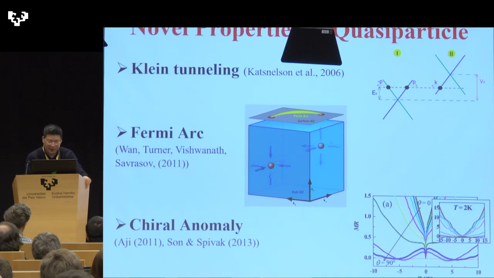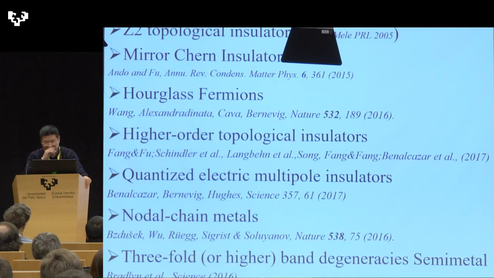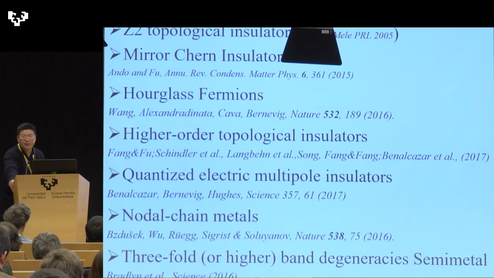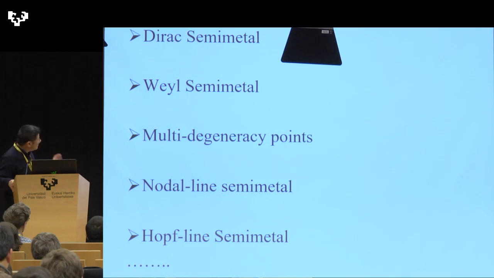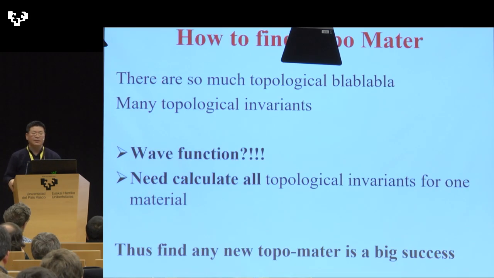It's quite useful. So I took almost 10 minutes to tell you that topological is now a big family. We have the topological insulator phase. We also have the topological semimetal phase or topological metal phase. So they have so many concepts. Then a big problem is how to find the materials.